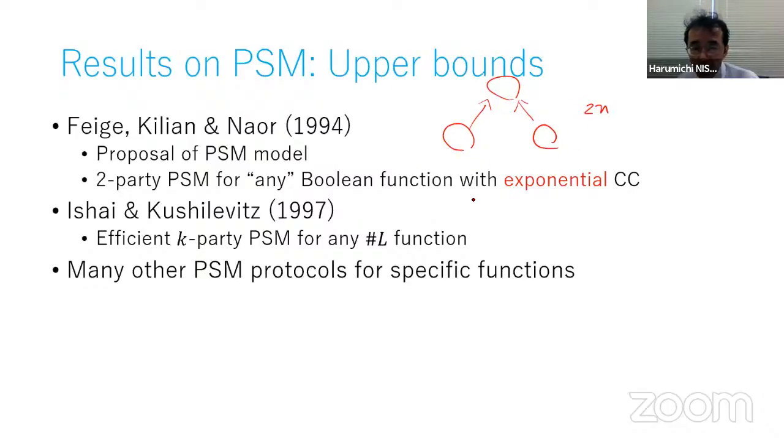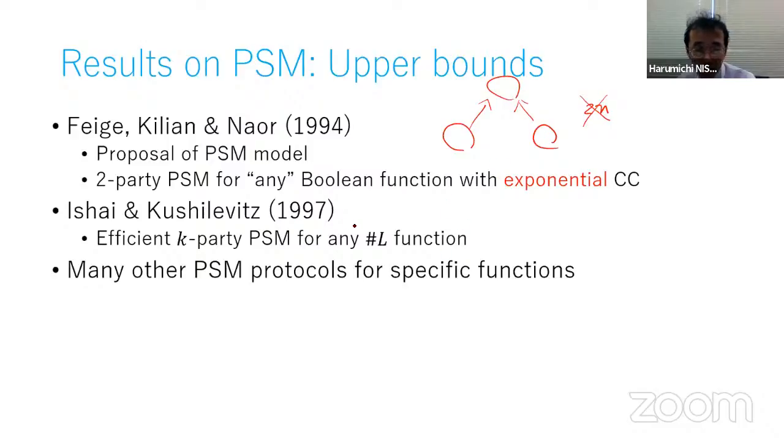But now we need the security condition, so 2n is not a trivial upper bound at all. Kilian and Naor showed the universal protocol, but exponential communication complexity is needed.